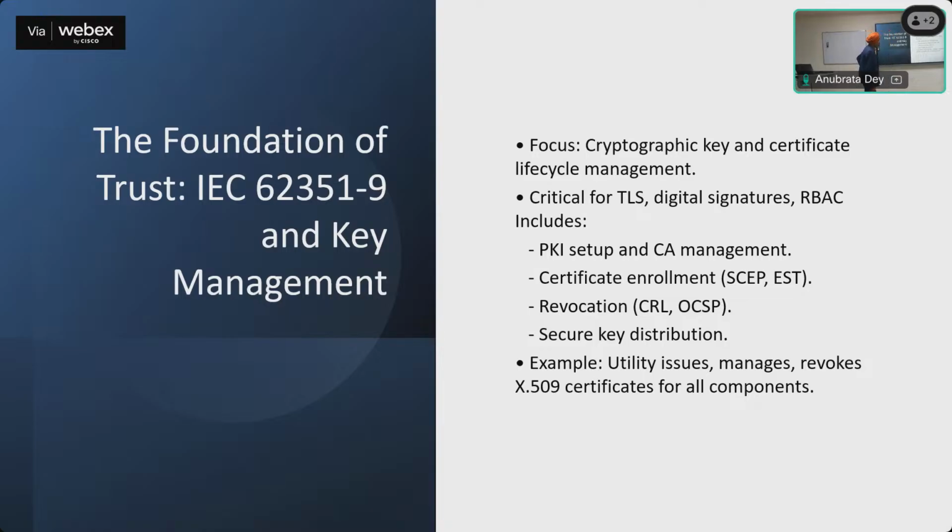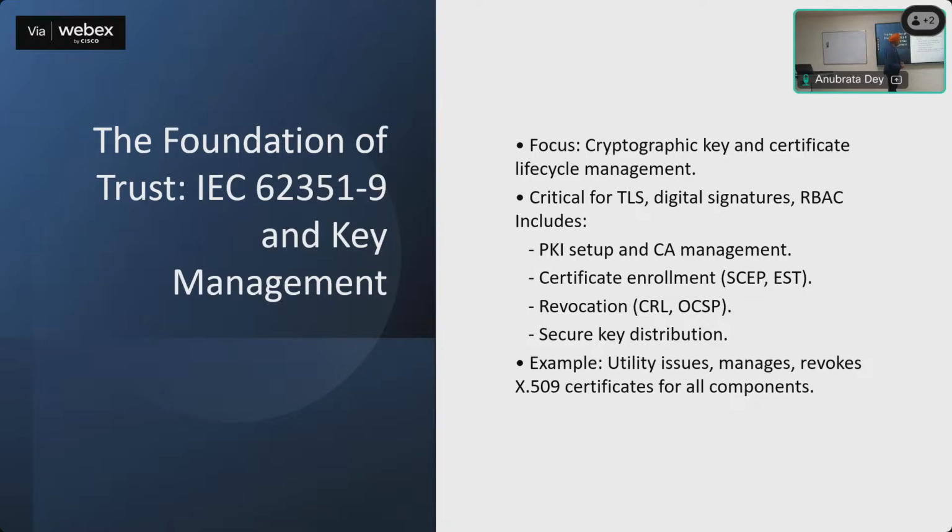Okay, so we know it's critical for certificates and TLS, as well as digital signatures, and it will include the public key infrastructure and certificate authority management. So the standard defines how and what you should be doing, right? Certificate enrollment, revocation, and secure key distribution.